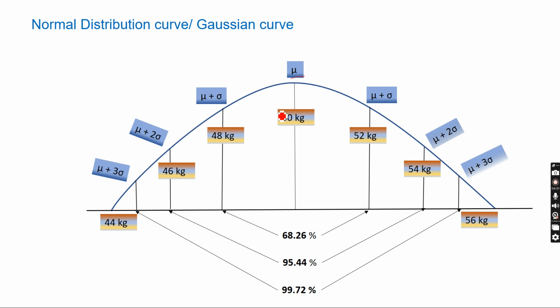So around this population mean, we have dispersion or scatter of values. In this case, I have already calculated that the standard deviation is 2 kgs. So one standard deviation would be 52 kg on the right, and -1 standard deviation would be 48 kg on the left. Now, why is this curve very important?